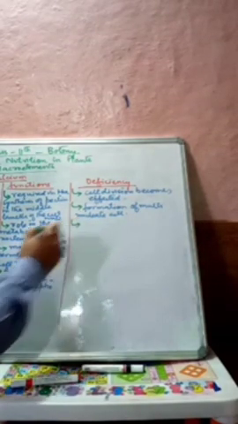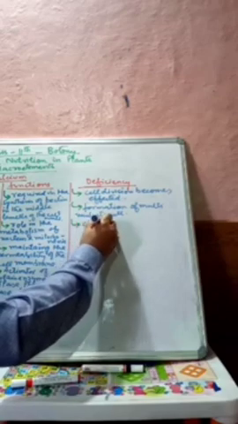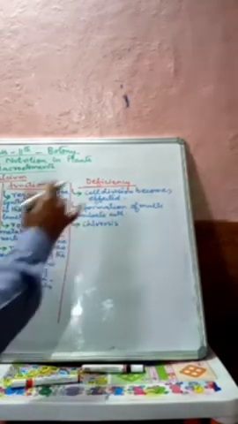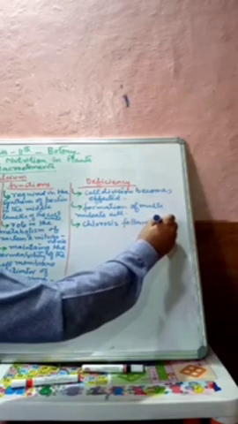Another thing we see is that there will be yellowing of the leaves, which is called chlorosis. This chlorosis will be followed by necrosis, that is the death of the cell.